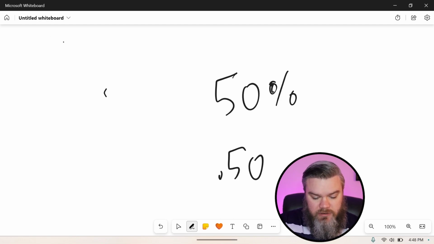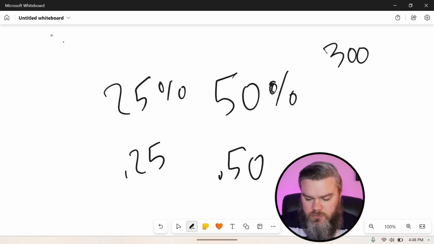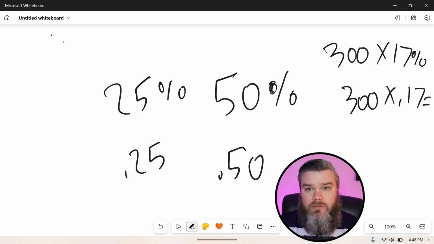If I said 25%, that would be reflected as 25 cents because of the way that it correlates to a decimal. So if I said 300 times 17%, what you're really saying is 300 times 0.17, and that will give you the percentage.